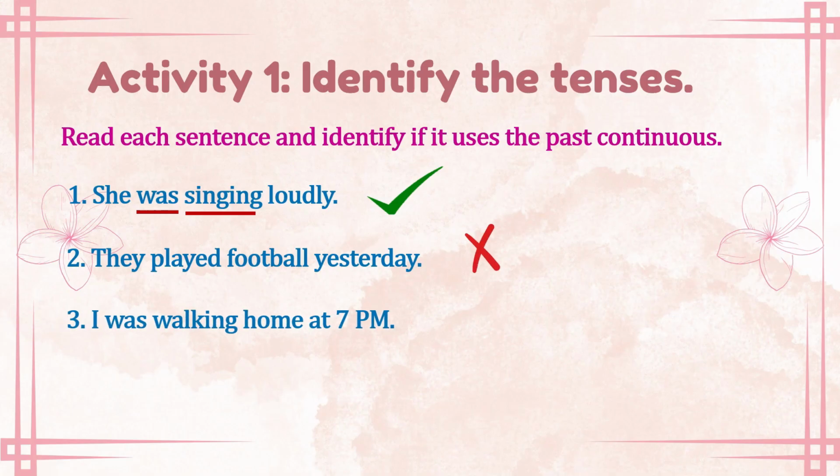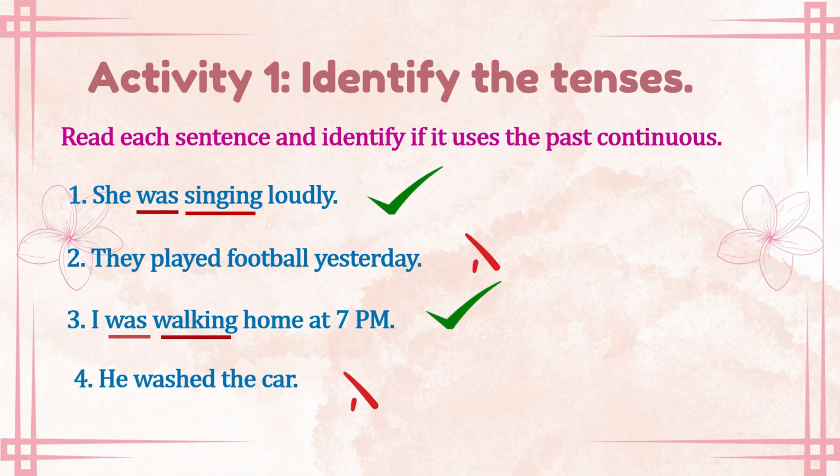Number 3 is, I was walking home at 7 p.m. Is it past continuous tense? Yes, it is because the be verb was and the gerund are present. Number 4, he washed the car. No, it is not past continuous tense because of the absence of the be verb was or were and the gerund.